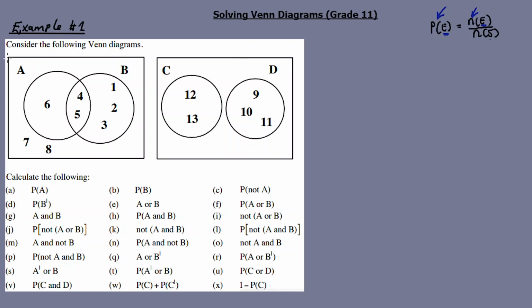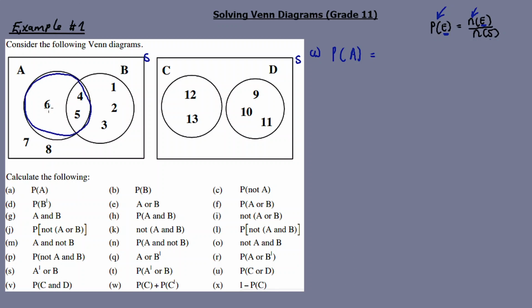So here, this is the Venn diagram. The rectangle represents the sample space, the circles represent the events. Okay, A, calculate the probability of A. So the probability of A is equal to the number of outcomes in A. Now A is this circle.